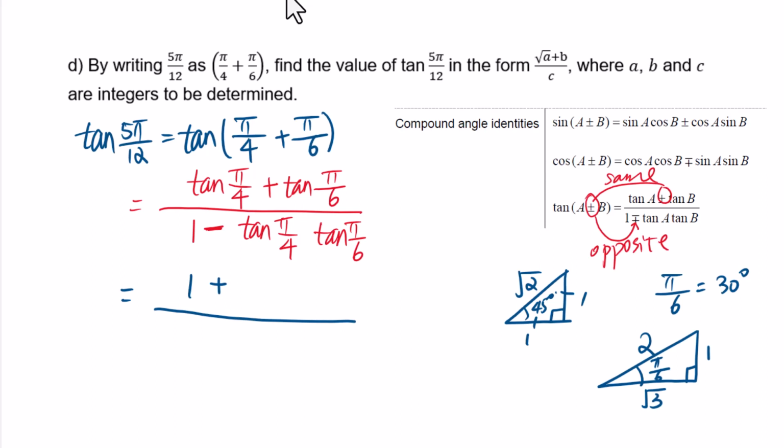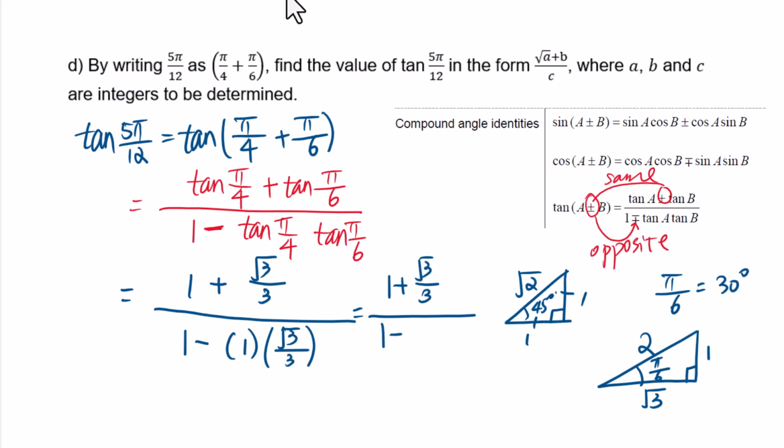Tangent pi over 6 is 1 over square root of 3, which is square root of 3 over 3. Simplify: 1 plus square root of 3 over 3, over 1 minus square root of 3 over 3.